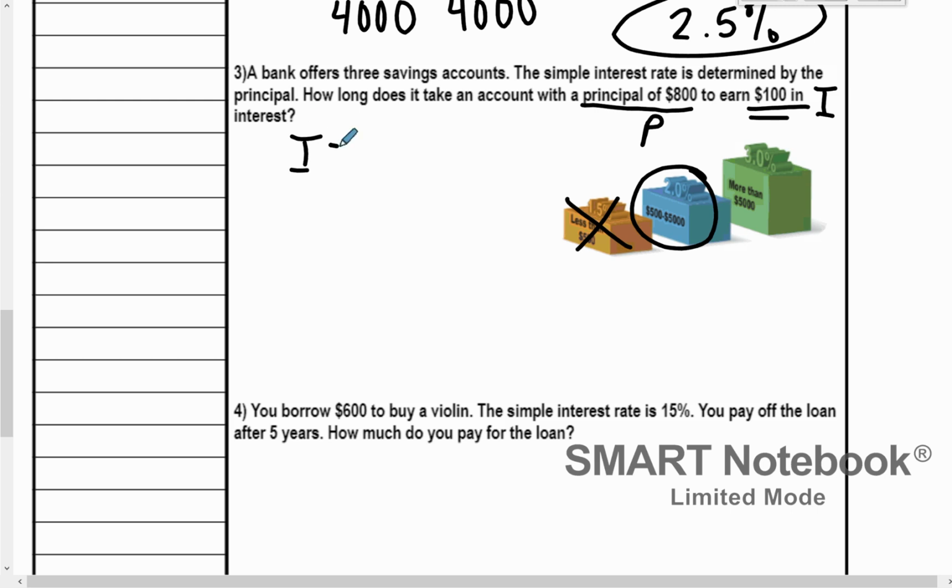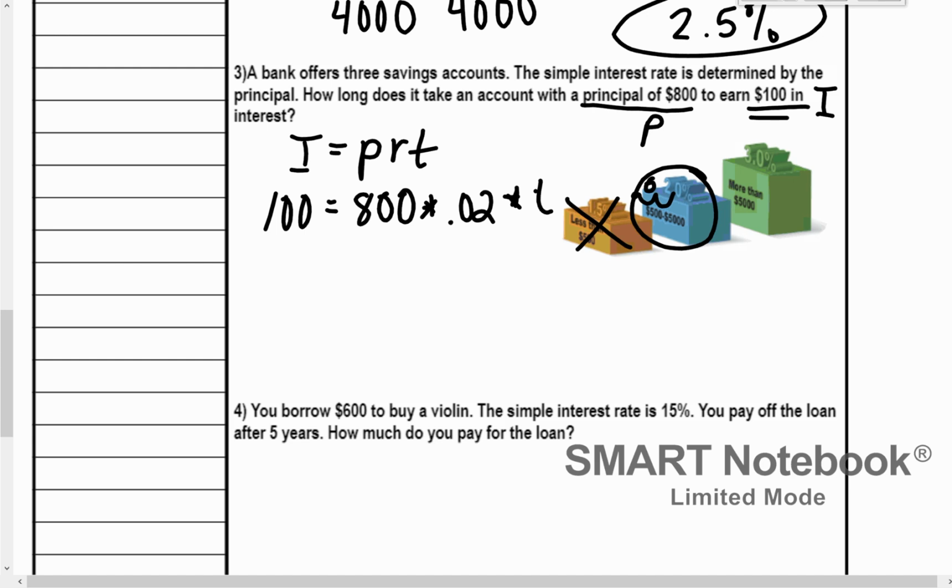All right, so let's write our equation. I equals PRT. We have our interest is 100. Our principal is 800. Our rate is, we make that a decimal, 0.02 times our time. We're not sure how long that's going to take. That's what the question is asking.